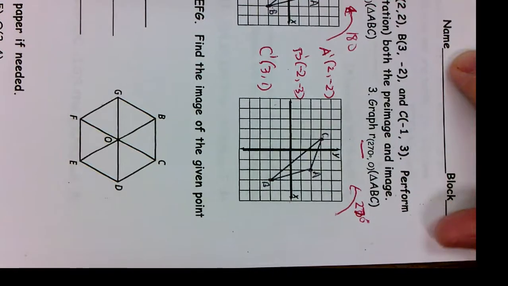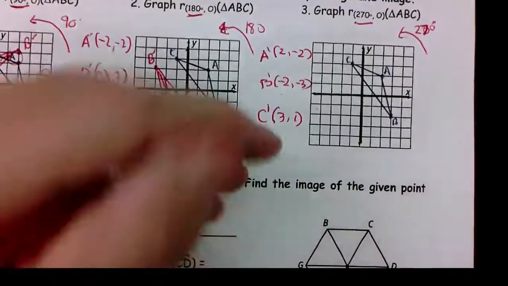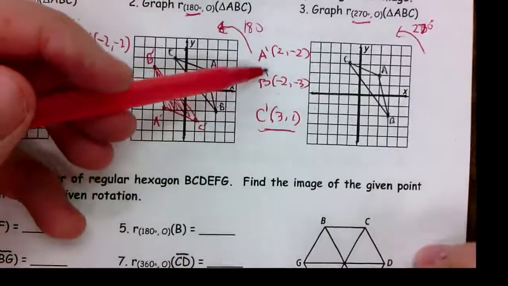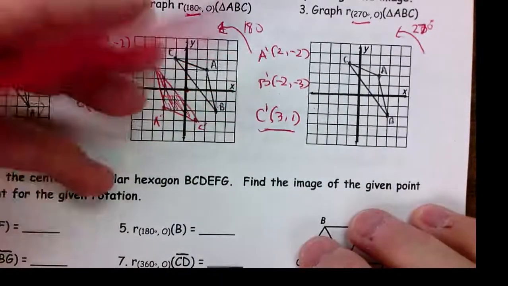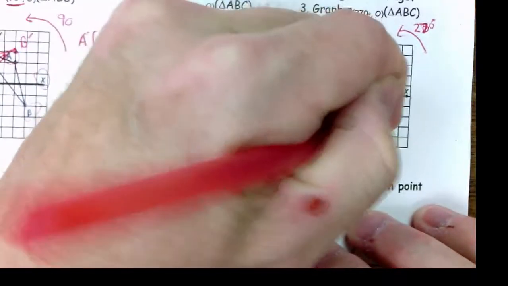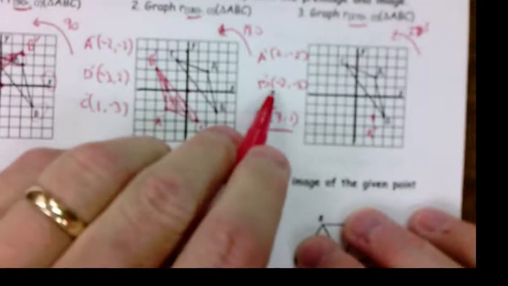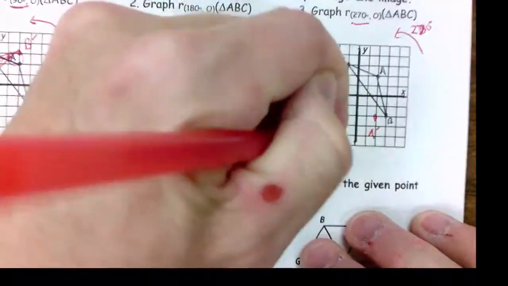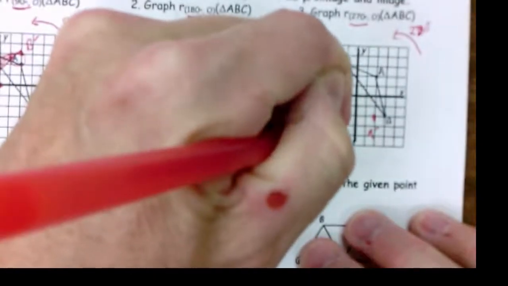So let's put our graph back the way it belongs, and let's graph these 3 points after their rotations. A prime is at 2, -2, ends up right there. B prime is at -2, -3, right there.